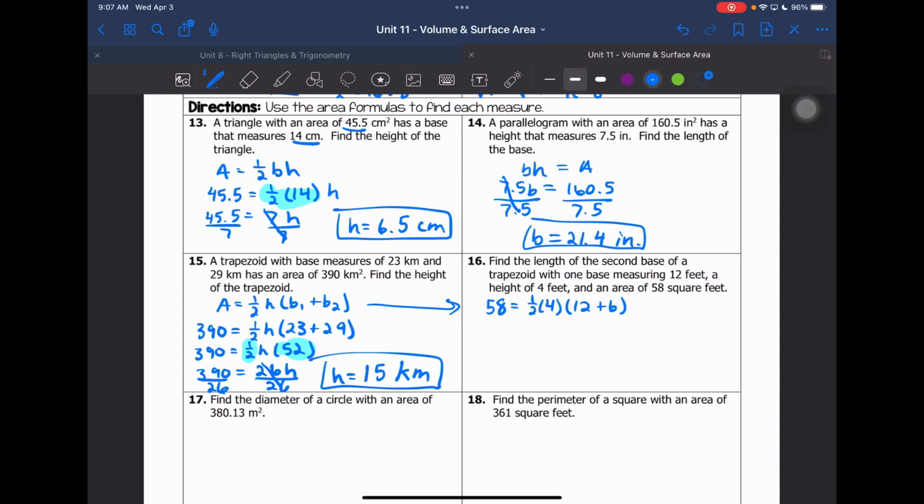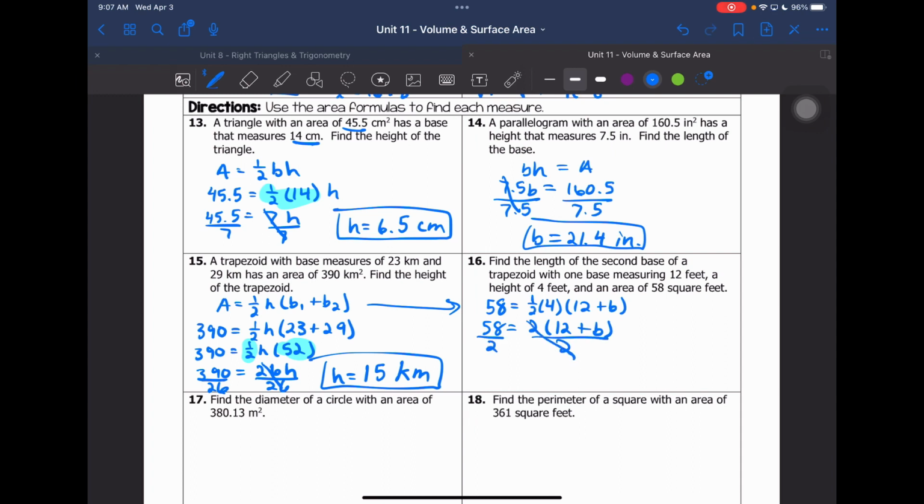Okay, so what we can do is simplify, like 1/2 times 4. That comes out to be 2. So we have 2 parentheses 12 plus b. And then at this point, we have a choice whether we want to distribute the 2, or we can just think about, well, the 2 is being multiplied by everything in the parentheses. And if we want to undo that, we can just divide to cancel out the 2.